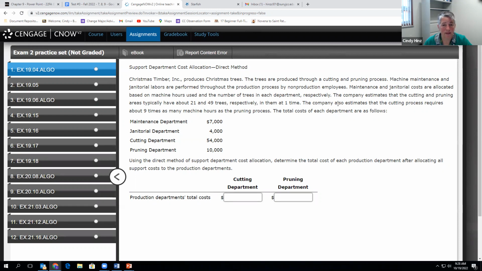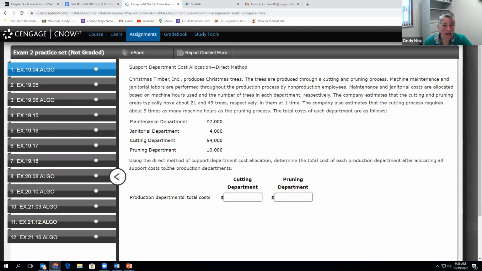The company estimates that the cutting and pruning areas typically have 21 and 49 trees, respectively, in them at one time. The company also estimates that the cutting process requires about 9 times as many machine hours as the pruning process. So we'll start with the maintenance department just because it's the first one listed here.